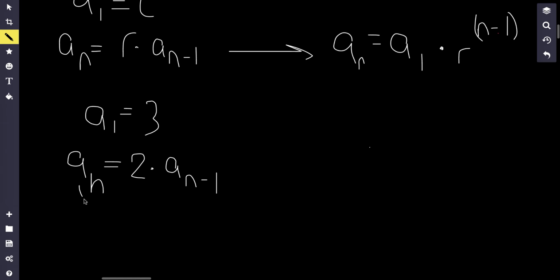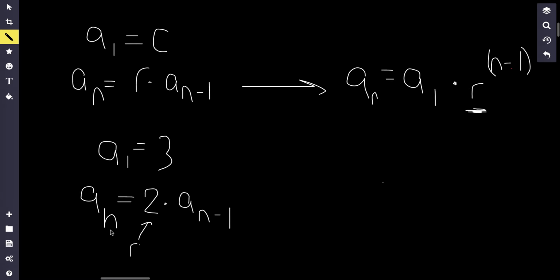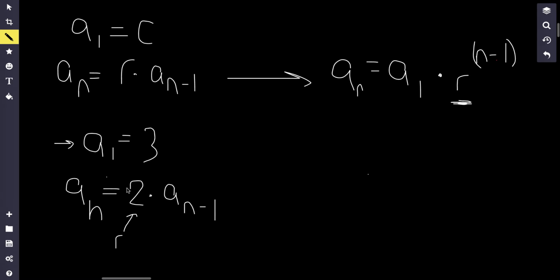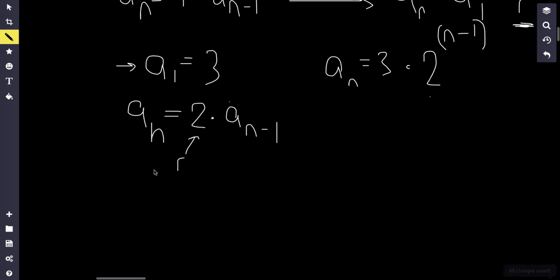Notice how if I wanted to get to a certain term, I would have to multiply my last term by a common ratio, which is 2 in this case. So that's going to be my common ratio. And I know my first term is equal to 3. So I can just substitute this into the formula. So I get a sub n is equal to 3 times 2 to the n minus 1 power. And we're done.